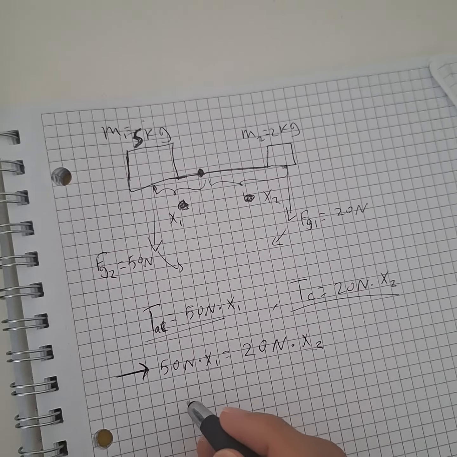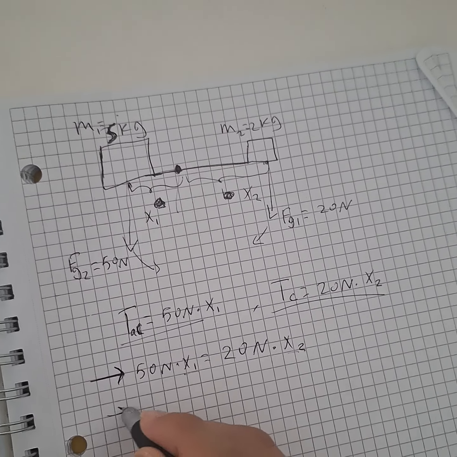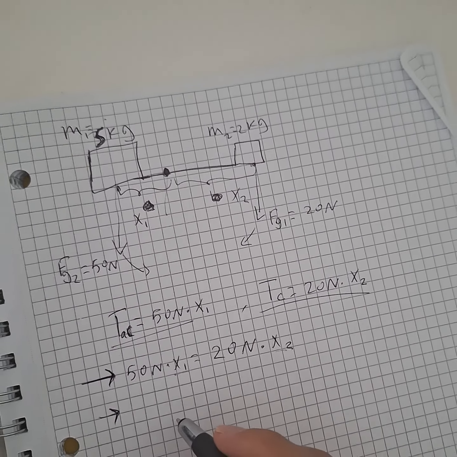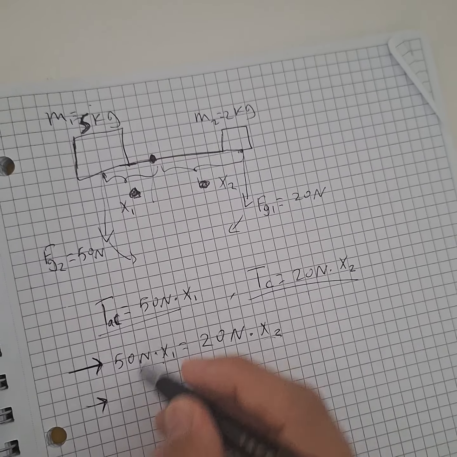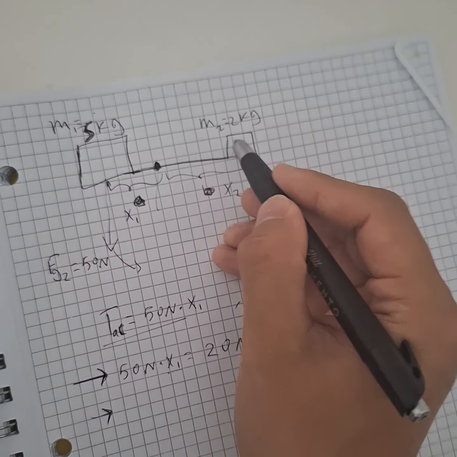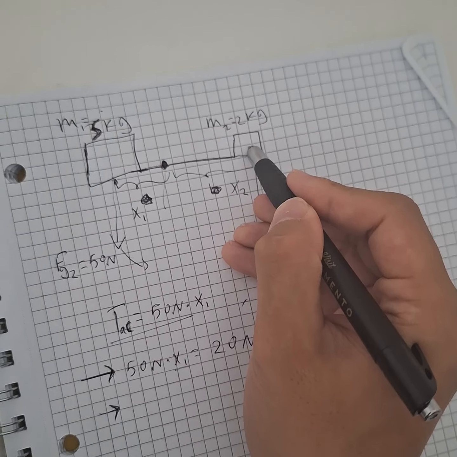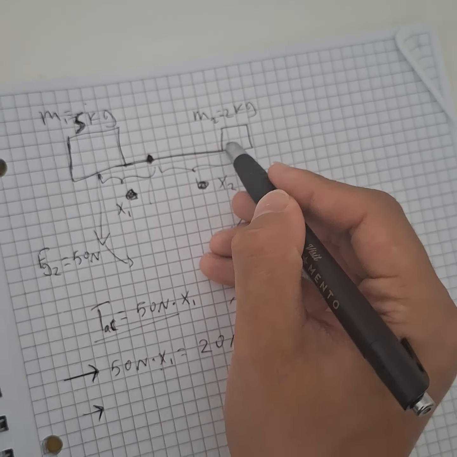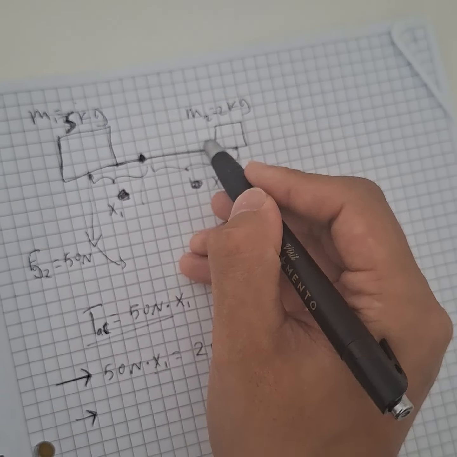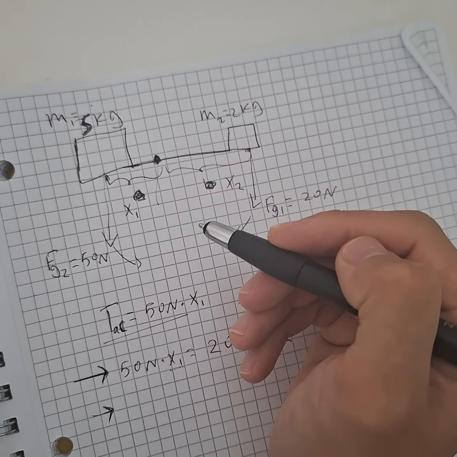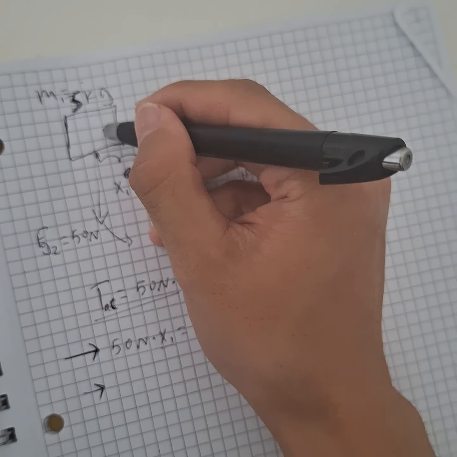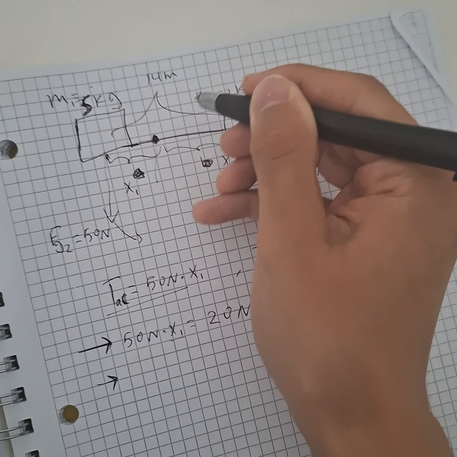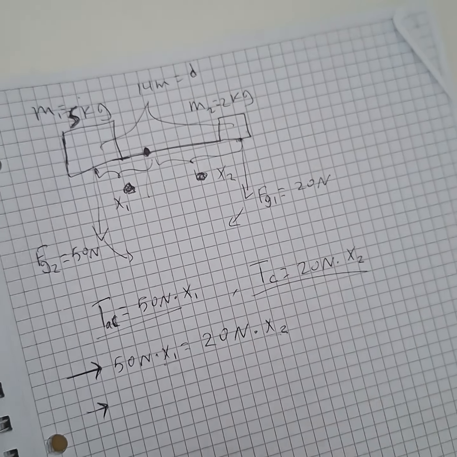Okay, so the other equation that we will need here is the distance between these two masses. The distance from here to this object is needed. We have to know how long or how far apart they are. In this example, the distance is 14 meters, equal to d.